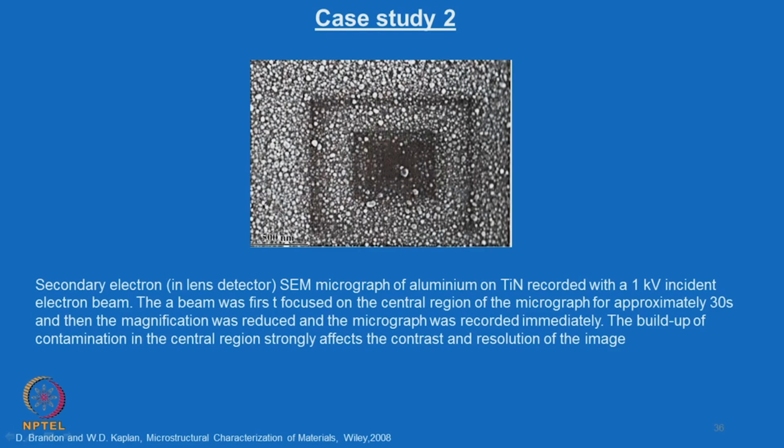You can see a clear-cut contrast difference between the outer region and the inner region, and I said the rectangular region becomes dark because of contamination.